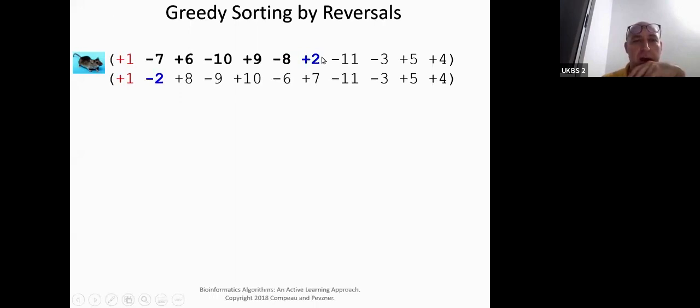And I want to have the number 2 at the second position, so I reverse this sequence from 2 to 7. As a consequence, I'm going to have minus 2, plus 8, minus 9, plus 10, minus 6, plus 7, minus 11, minus 3, plus 5, plus 4.